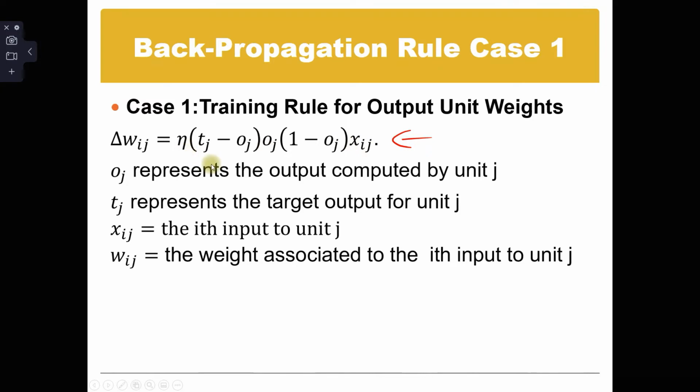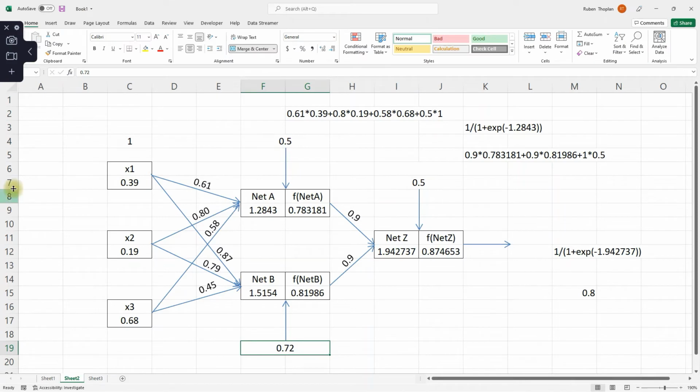You have your eta, which we already discussed. You have your tj, which represents your actual output, your actual targeted value, which is found in your data. And oj represents the one that you have predicted for tj, which is found through the neural network. For example, you have 0.87 that you have predicted through the first pass in the neural network.